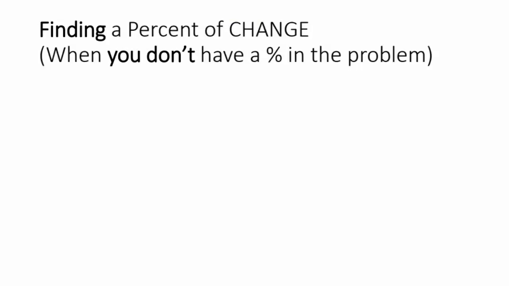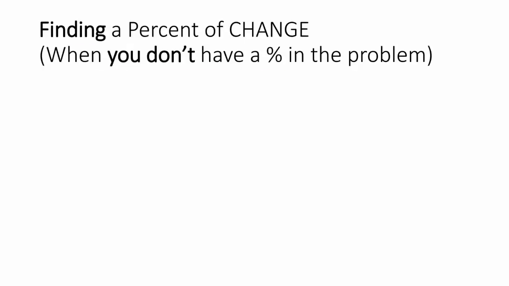Finding a percent of change when you don't have a percent in the problem. This is a specific setup, okay? Now, the percent of change is a fraction. Time is always part of this problem.